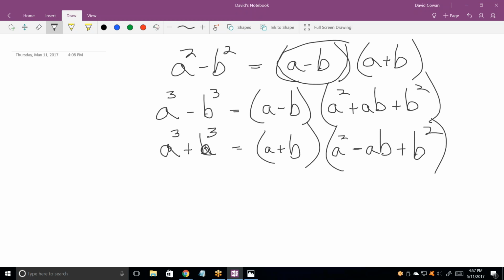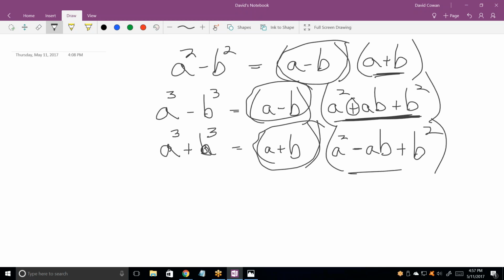That is a linear term with the same sign as what we started with. The next term is just the opposite sign. This you kind of have to memorize, but the middle term is the opposite sign of the first term.